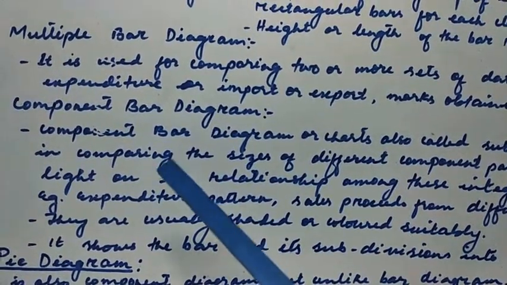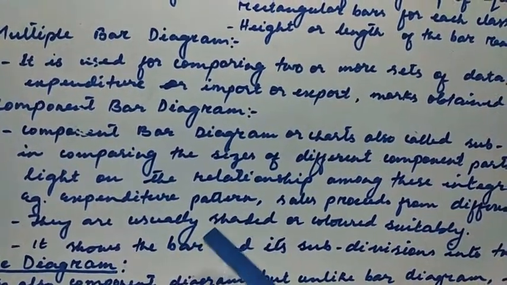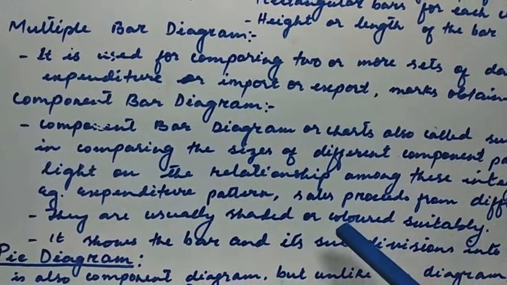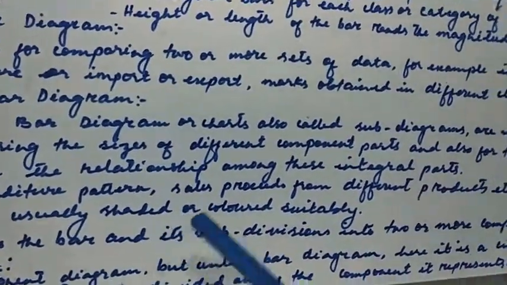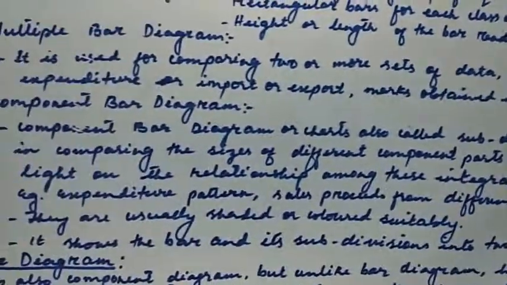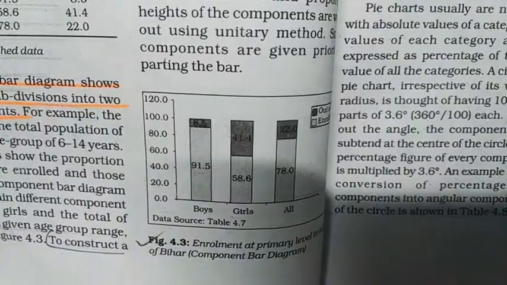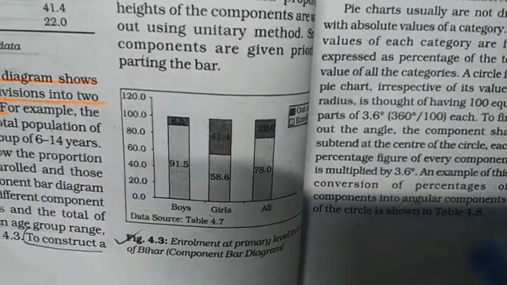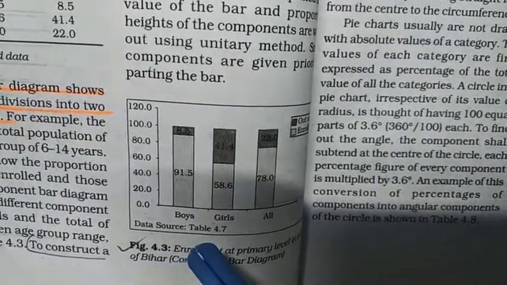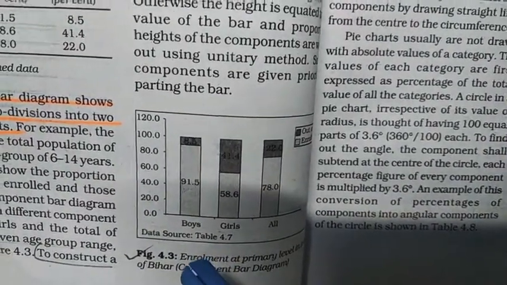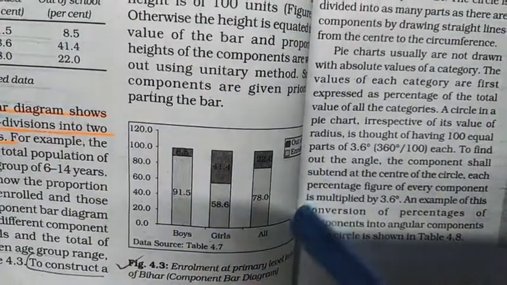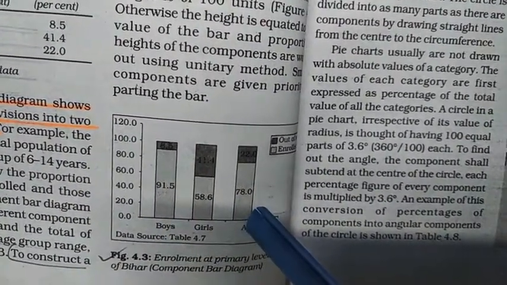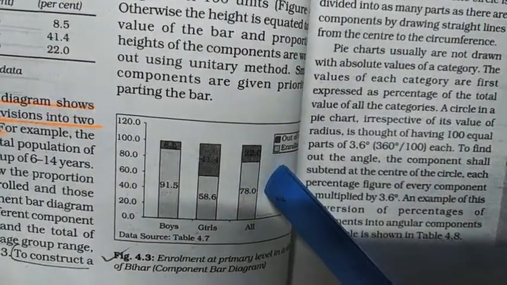These component bar diagrams are usually shaded or colored suitably, and show the bar and its subdivisions into two or more components. Figure 4.3 is an example of a component bar diagram. We are representing the data of enrollment at primary level in the state of Bihar.